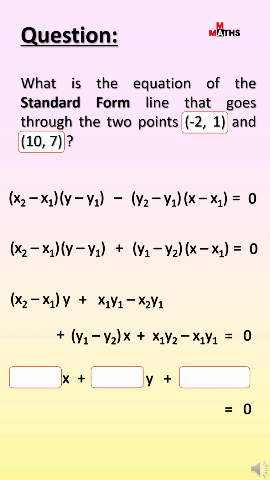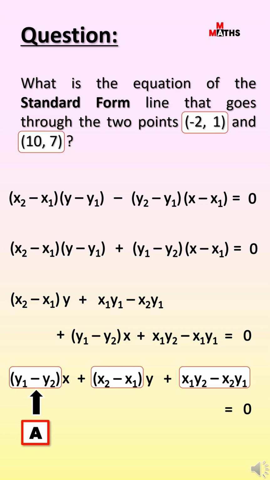So we get (y1 minus y2) multiplied by x plus (x2 minus x1) multiplied by y plus (x1 y2 minus x2 y1), all equaling 0. So that shows ax plus by plus c is equal to 0 has coefficients a equaling y1 minus y2, b equaling x2 minus x1, and c equaling x1 y2 minus x2 y1.